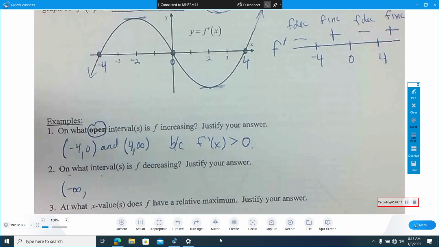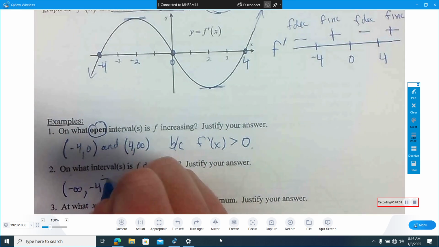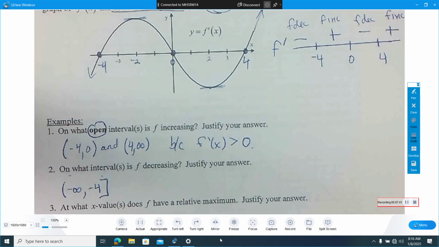It is more correct to actually use brackets on increasing and decreasing, because if something is increasing, it's increasing because the y value is getting bigger all the way to that point where the slope is equal to 0. But still, that very last point is bigger than the point before, okay? And so it actually is most correct to use a bracket when talking about intervals that increase and decrease.